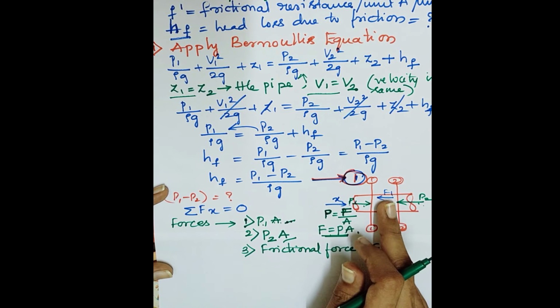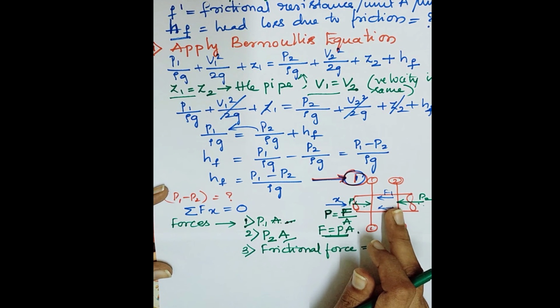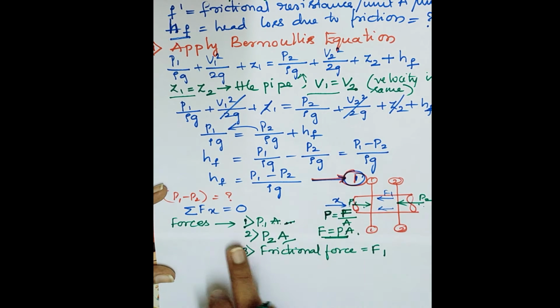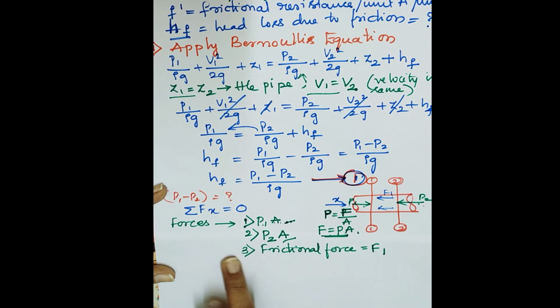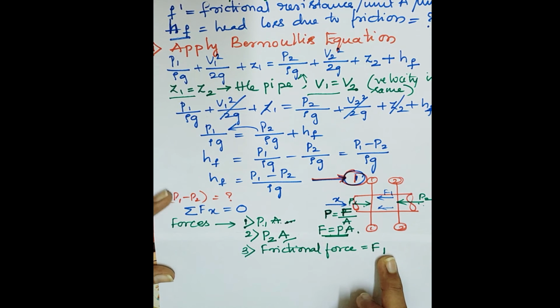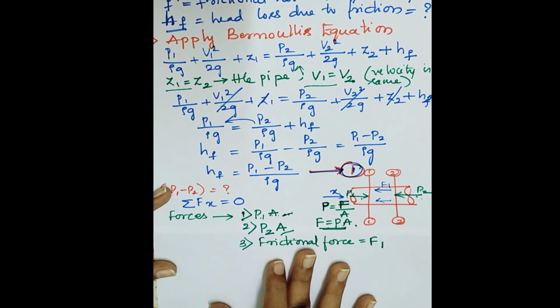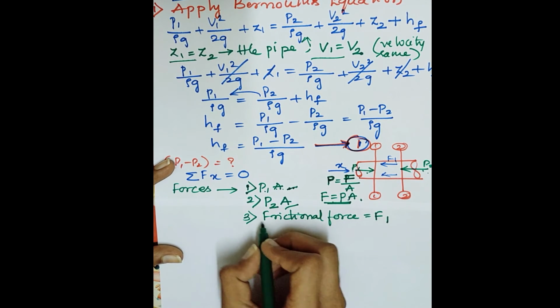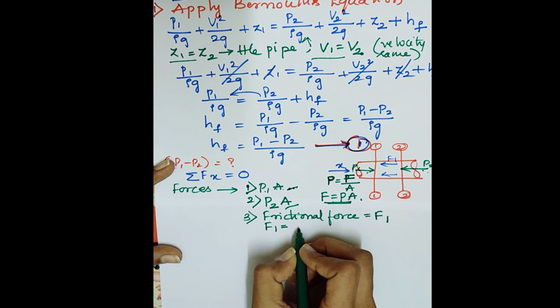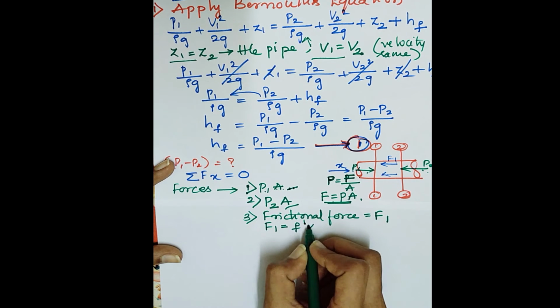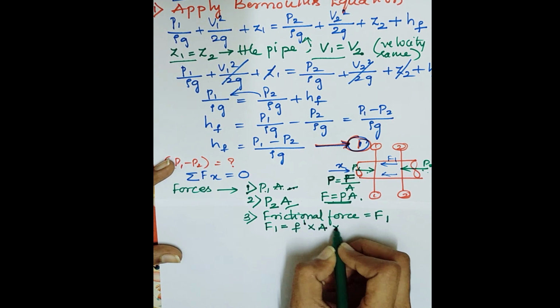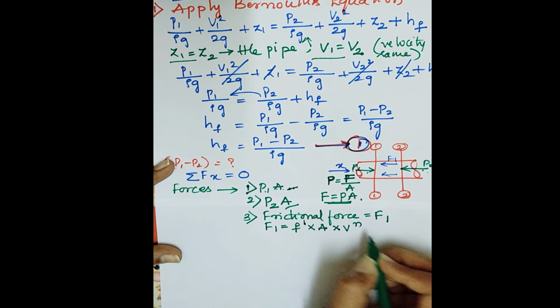Due to that friction, frictional resistance occurs, and due to that, the frictional force is generated. That frictional force we will consider as F1. So what is this F1? F1 is equal to the frictional resistance into area into velocity to the power n.